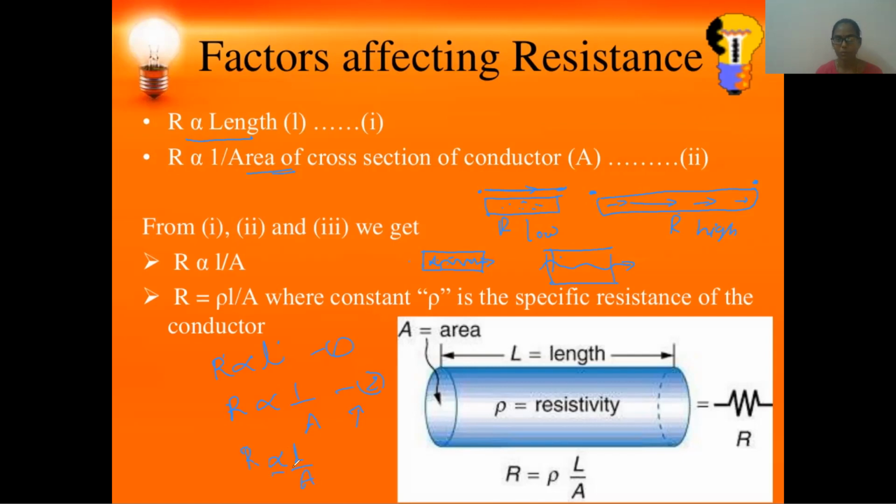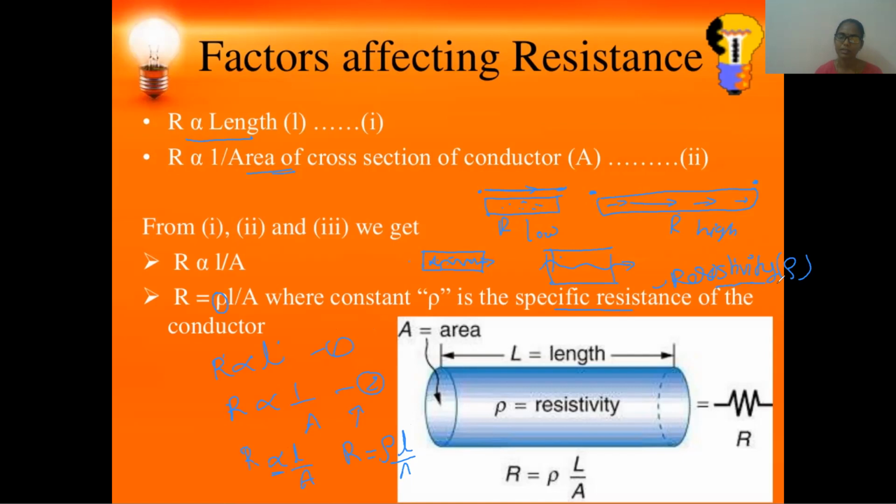To remove this proportionality symbol, we introduce a new factor called rho. R equals rho L by A, where rho is called the specific resistance of the material, or also called the resistivity of the material.